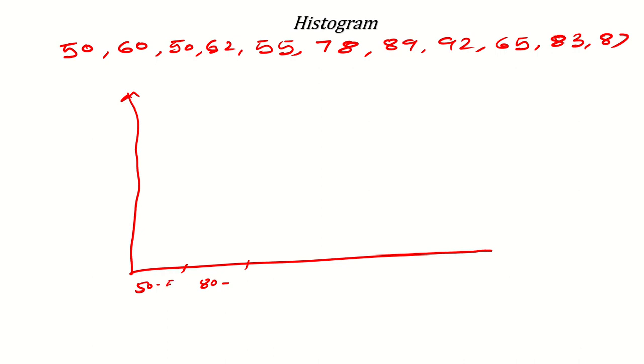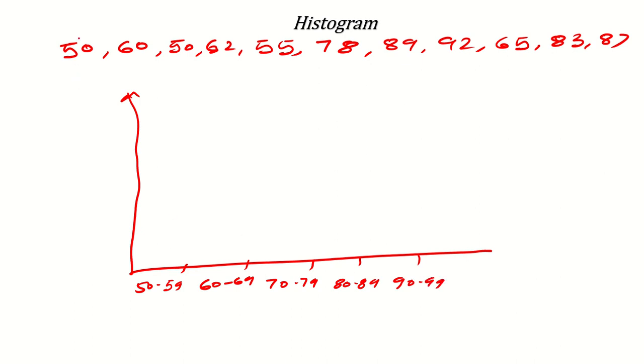It can be 50 to 59, then 60 to 69, then 70 to 79, then 80 to 89, then 90 to 99.